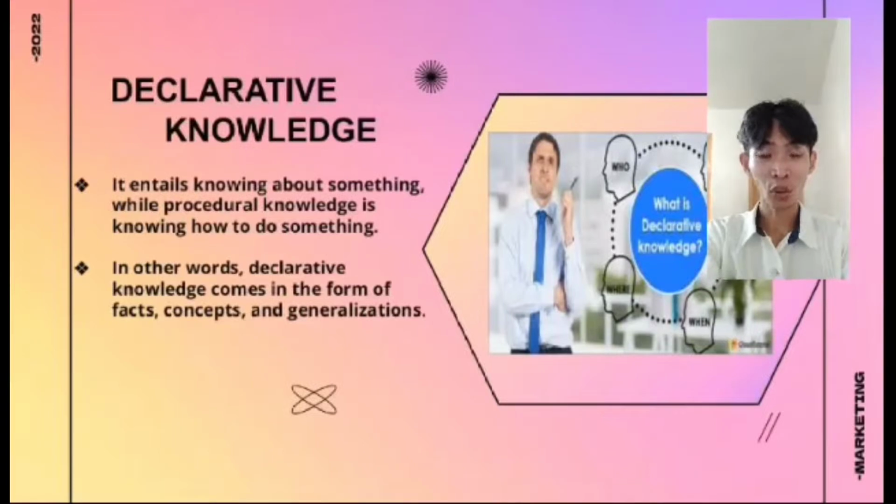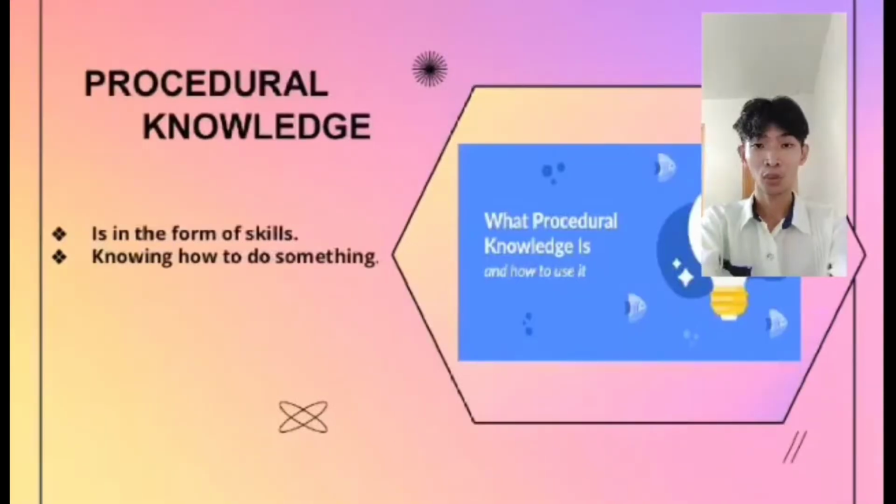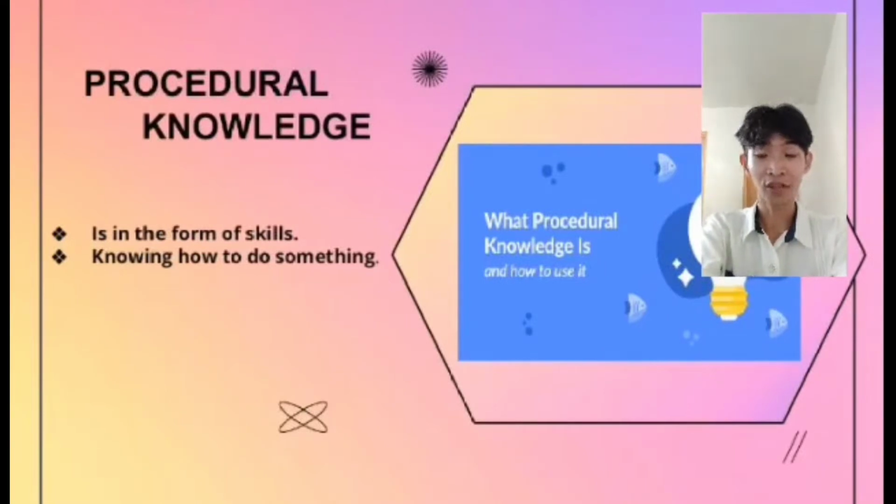It entails knowing about something, while procedural knowledge is knowing how to do something. In other words, declarative knowledge comes in the form of facts, concepts, and generalizations. What is procedural knowledge? It is in the form of skills and knowing how to do something.